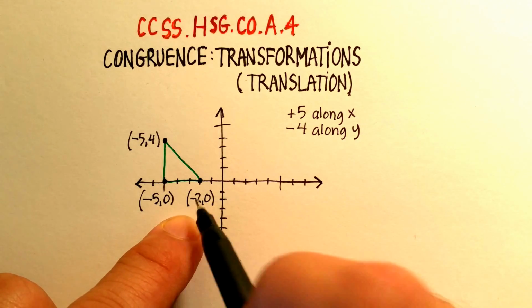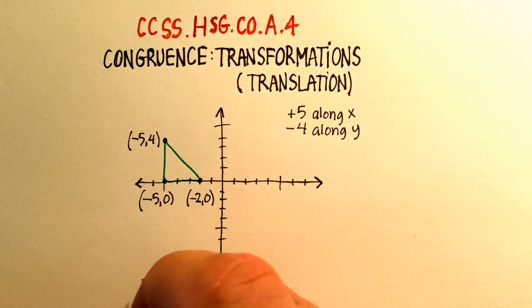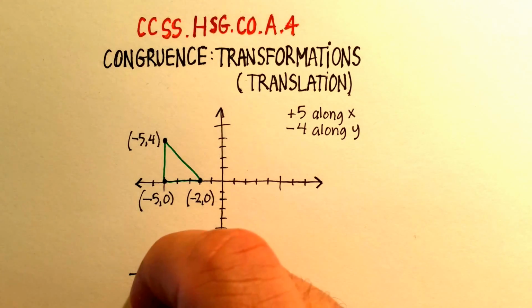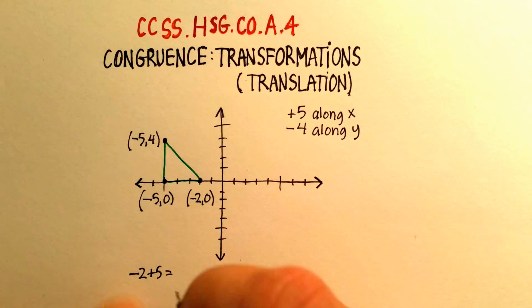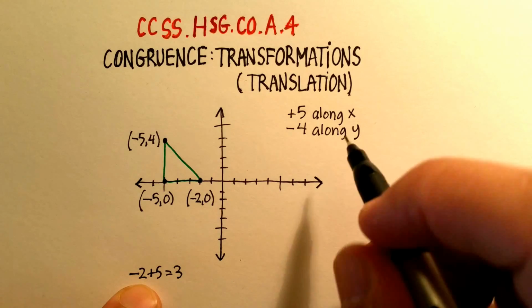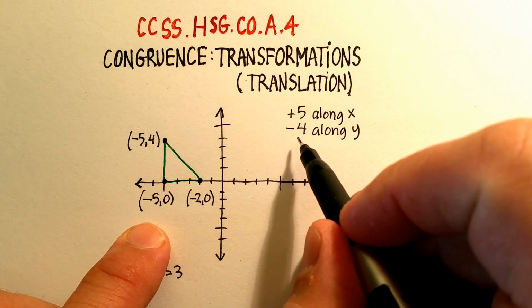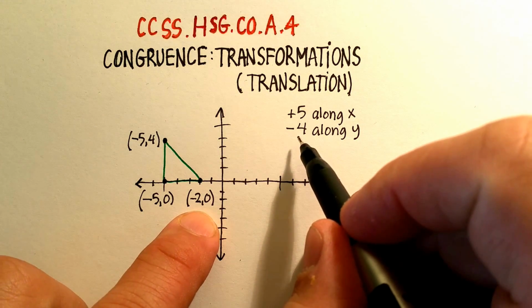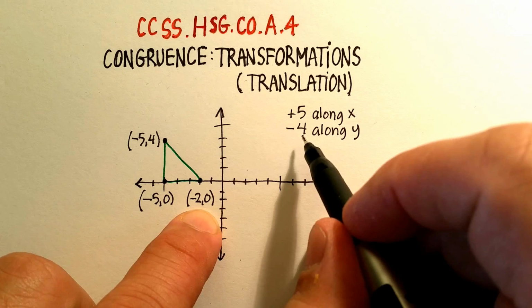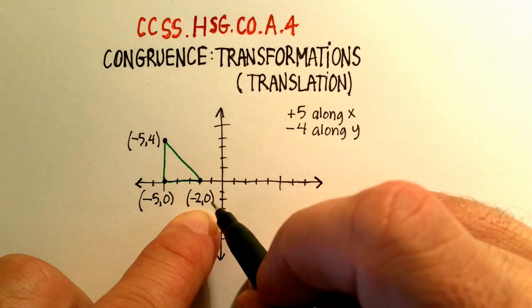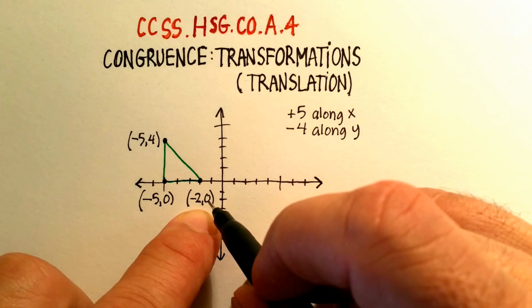So -2, let me just do this down here, -2 plus 5 gives me +3. And then I would do the same thing with my y coordinate. I'm going to add -4 to my y coordinate on that same point.